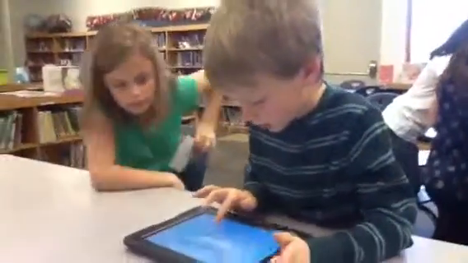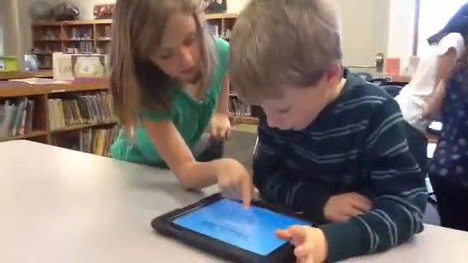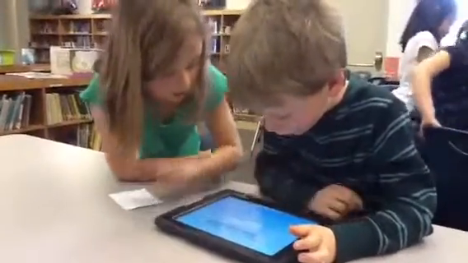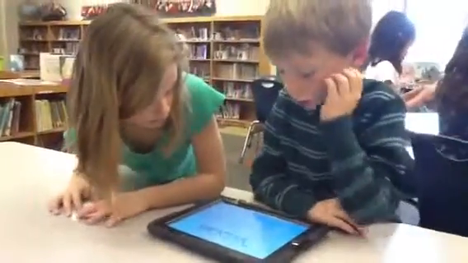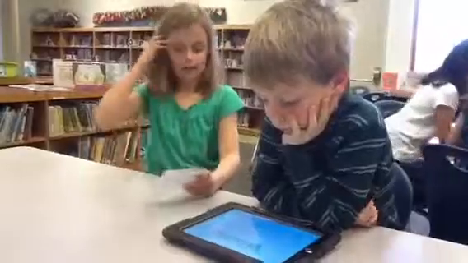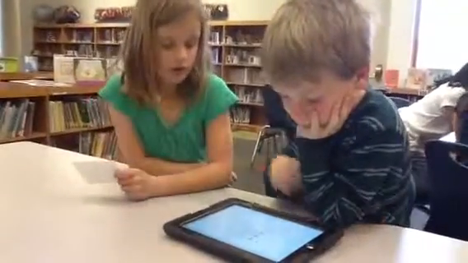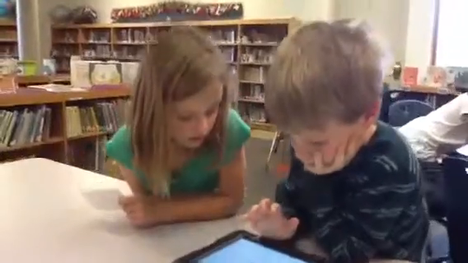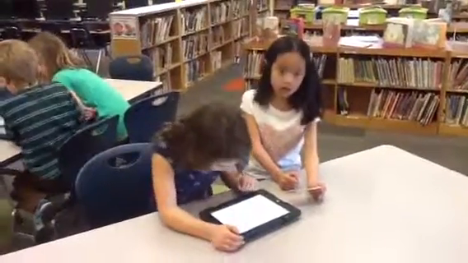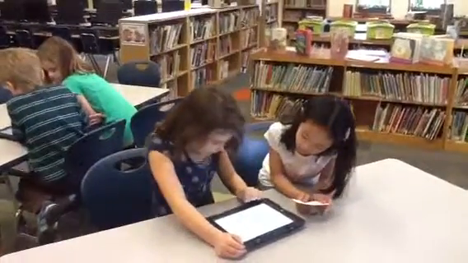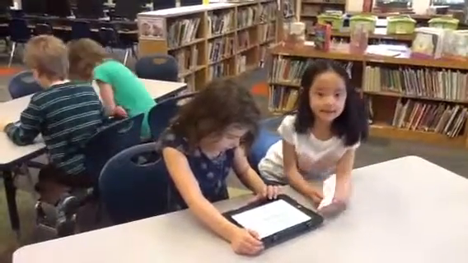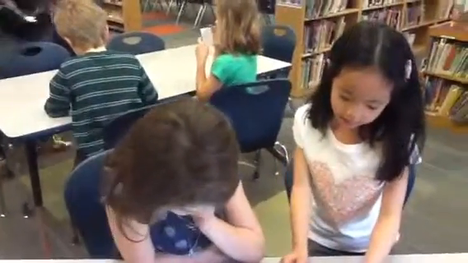Which one do we hit? Google ID or Google ID? There's two of them. No, that. Oh, one is, yeah. There we go. Never mind. Do you see it? Did you figure it out?